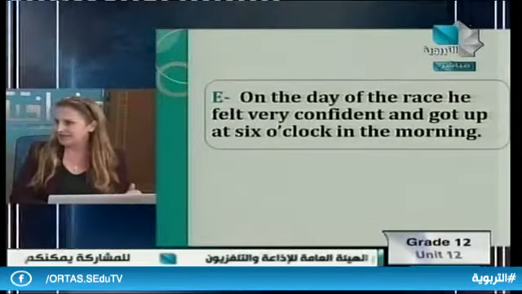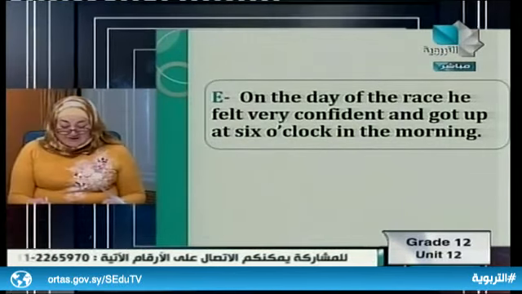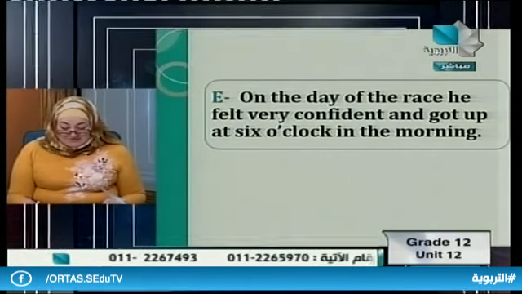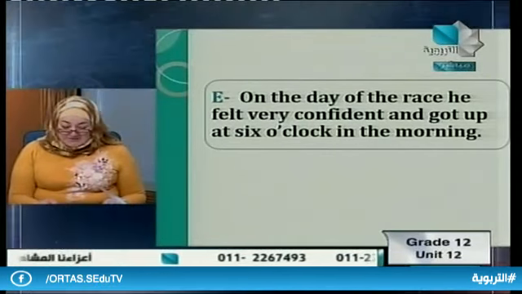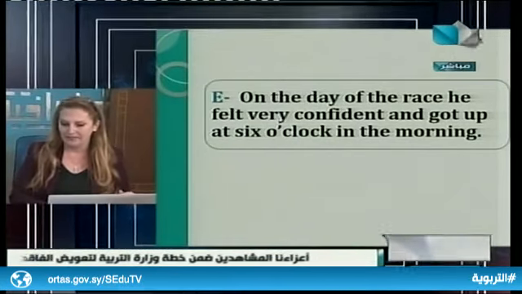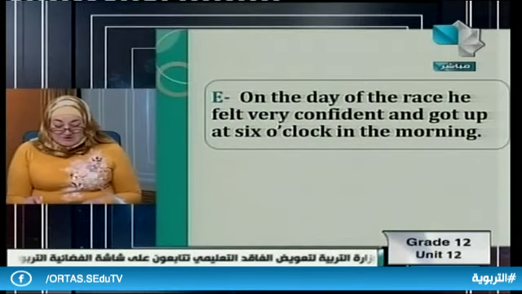We have other examples. On the day of the race, he felt very confident and got up at 6 o'clock in the morning. Also, we have two sentences joined by "and".